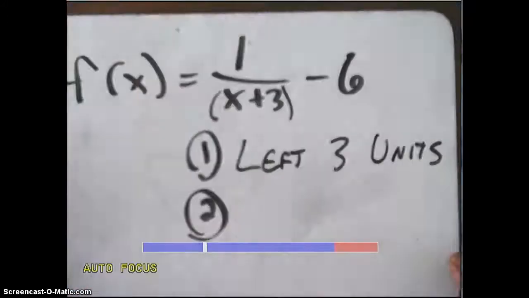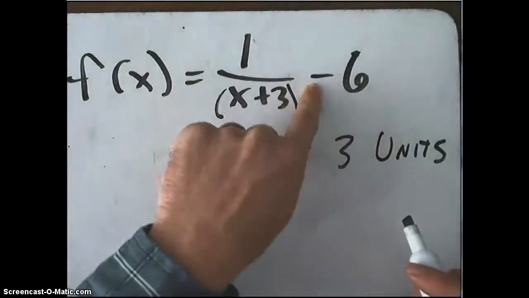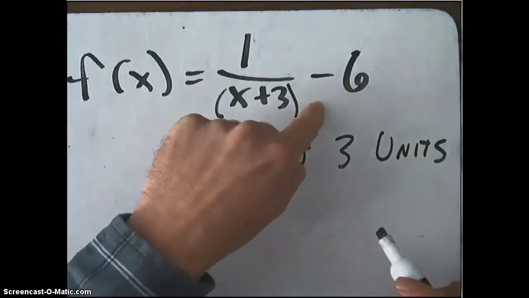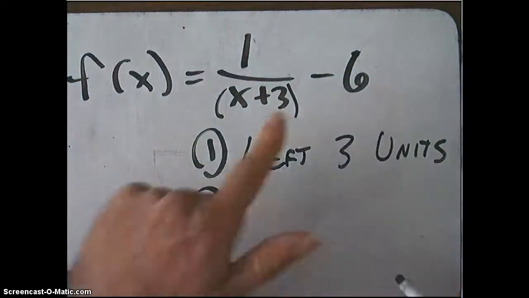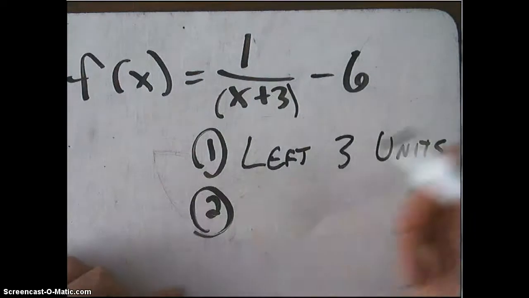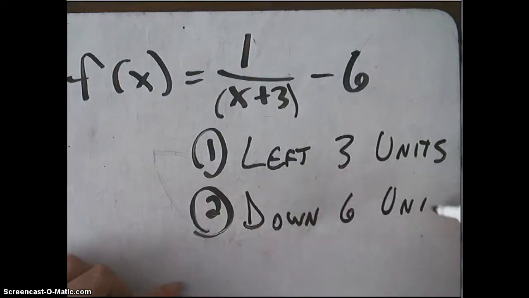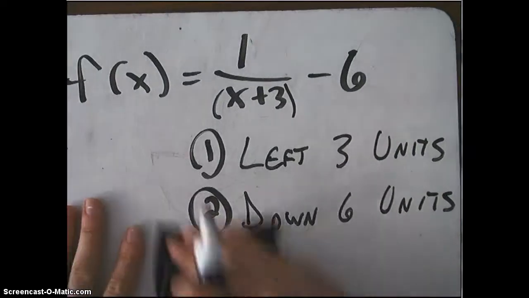And this minus 6 on the outside, that's going to move it up or down. Since it's a minus 6, that means we're going to shift it down 6 units. So that's pretty simple.